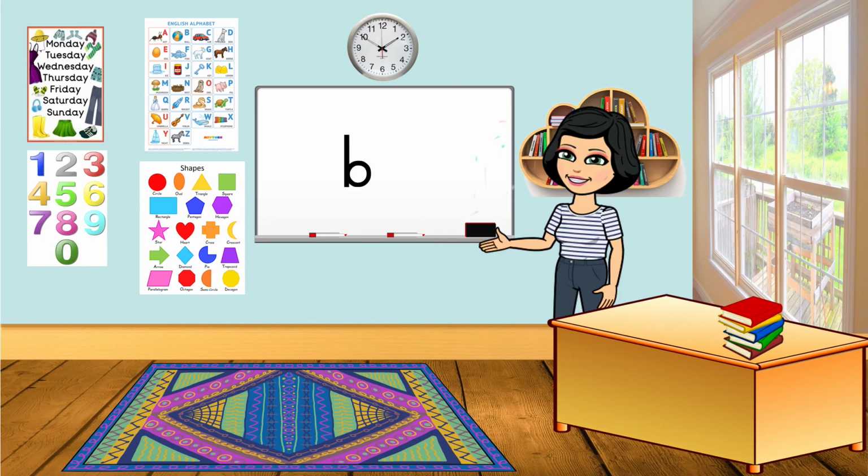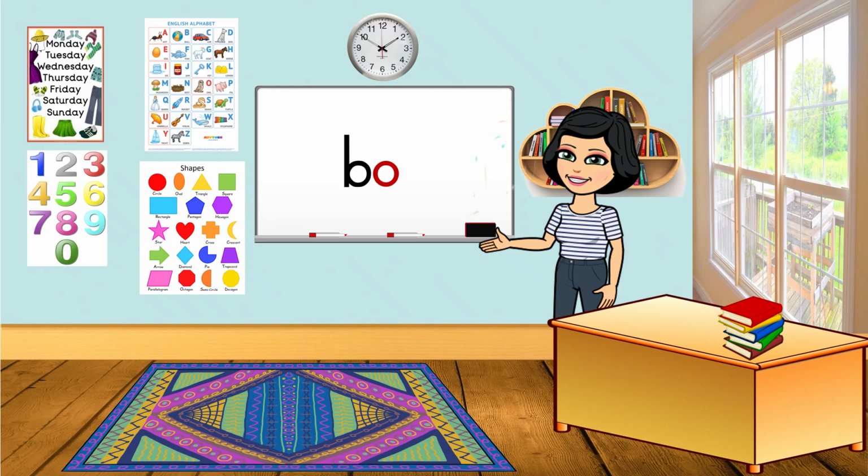We are now going to change the sound. I want you to take the I away and find me the A, and put the A in front of the B. B plus A together says ba.